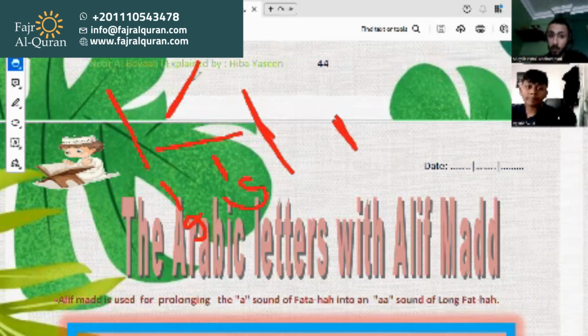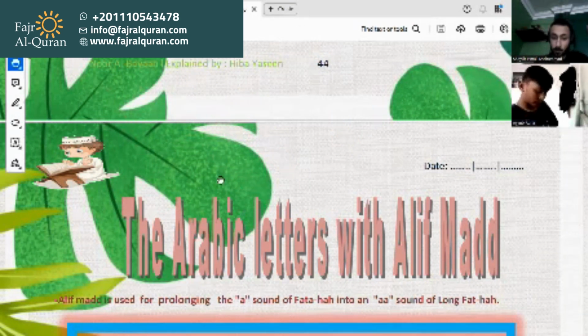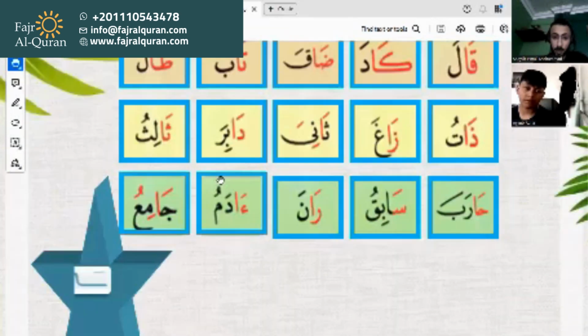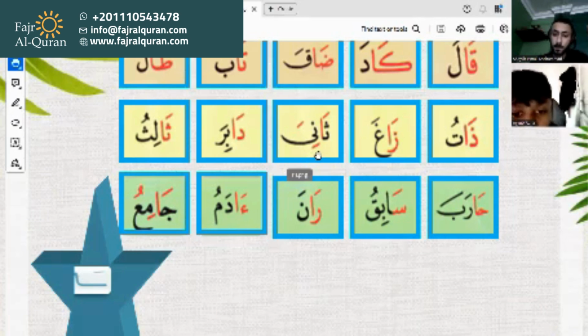Okay, great. So let's take some examples related to this one. Could you pronounce this word? Though the last one carries fatha on top.